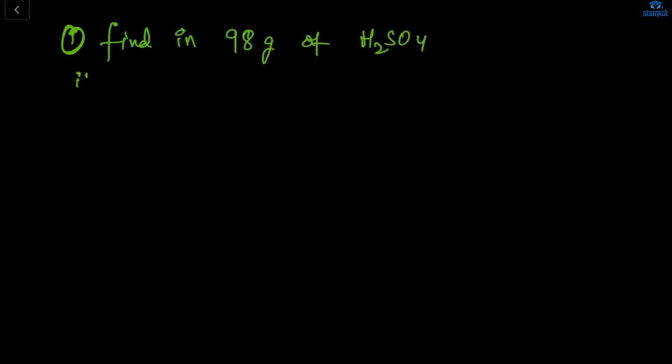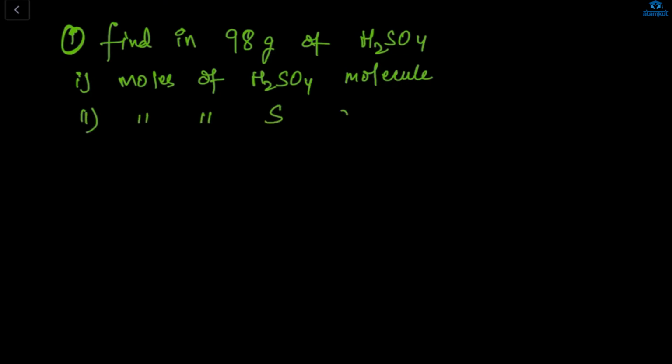Next question is, you have to find in 98 grams of H2SO4. First subpart is moles of H2SO4 molecule. Second, moles of S atom, sulfur atom. Third, number of S atoms. Fourth, moles of H atom.